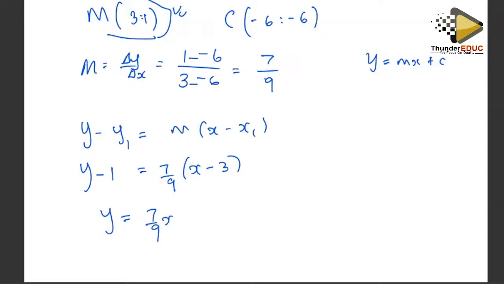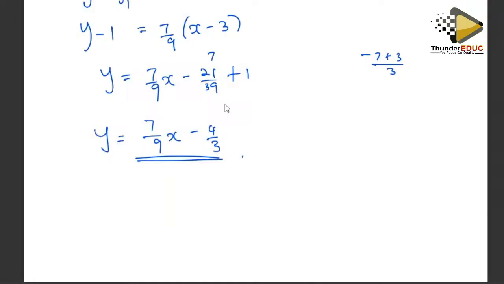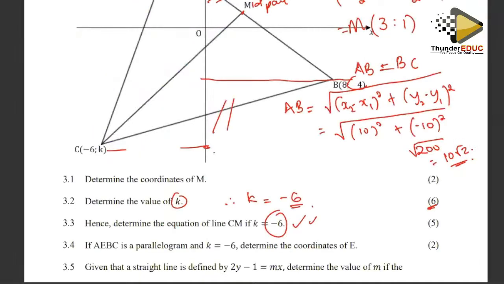So 7 over 9x minus, that's going to be 21 over 9 plus 1. Okay, simplify this fraction, 7 over 9x. When I simplify this, it's supposed to be 7 over 3. Means that's -7 plus 3 over 3, which is -4 over 3. So this is what I get as my equation. All right, we move on.